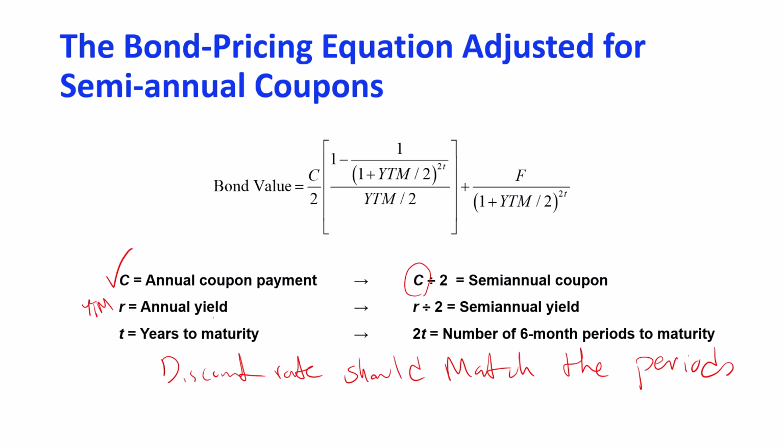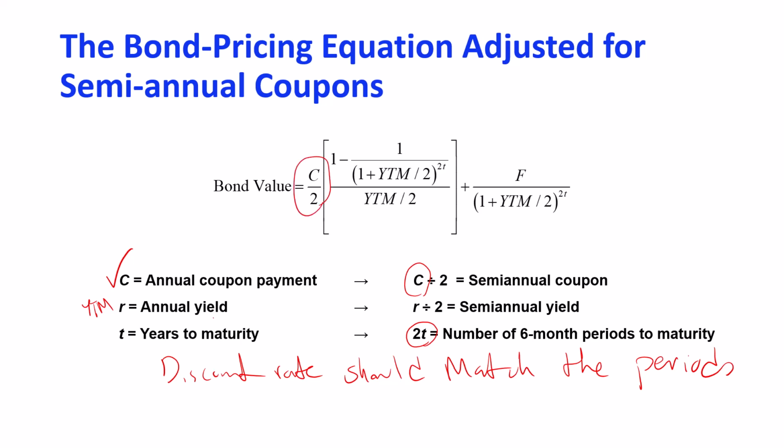So to find the 6-month rate, you need to divide your yield to maturity by 2. And since your T is in years, for the case of a semi-annual coupon bond, you need to multiply the years by 2 to find the number of 6-month periods to maturity. So you can modify the formula like this.